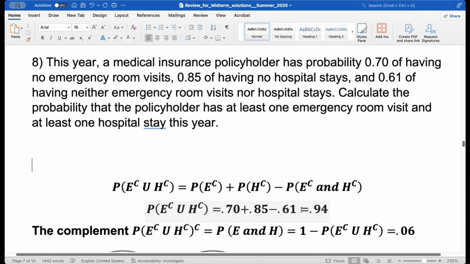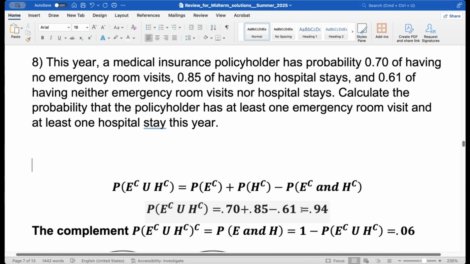So what does that 0.94 tell us? That's the probability of either missing the emergency room visit category or missing the hospital stay category, missing at least one. The complement of that is both.